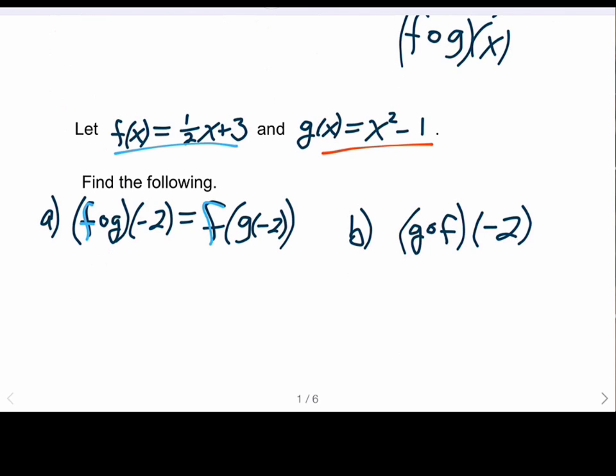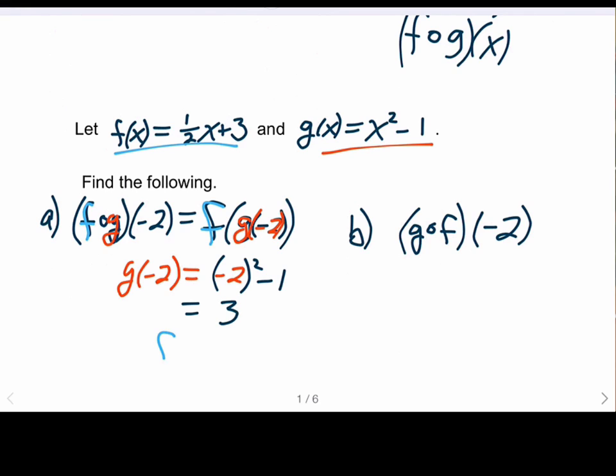I'm denoting f using blue and g using red. First we need g of -2, right? We're looking at f of g of -2. As it turns out, g of -2 is equal to -2 squared minus 1, right? So that result is going to be 3.